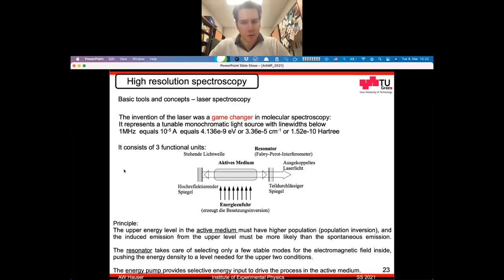Let's have a closer look. We have a resonator. In between these two mirrors of the resonator, we have some active medium, which could be anything. There are types that are using a gas cell, it could be a liquid, and it could be some bulk object.